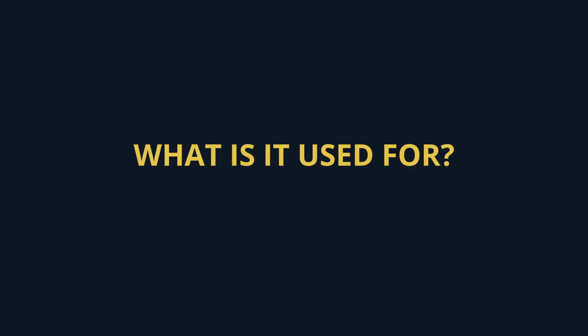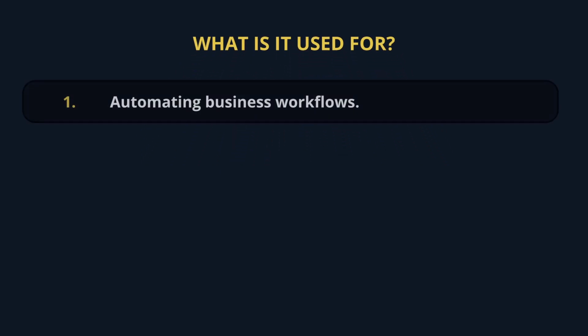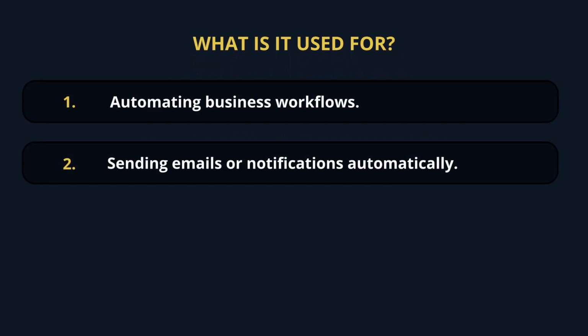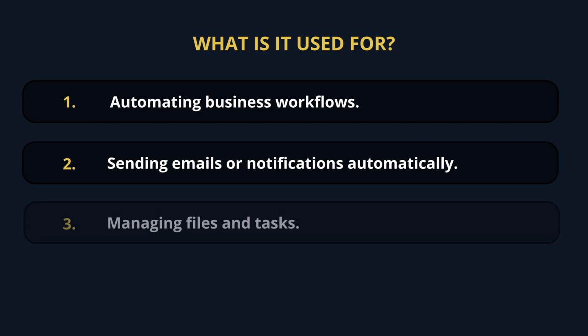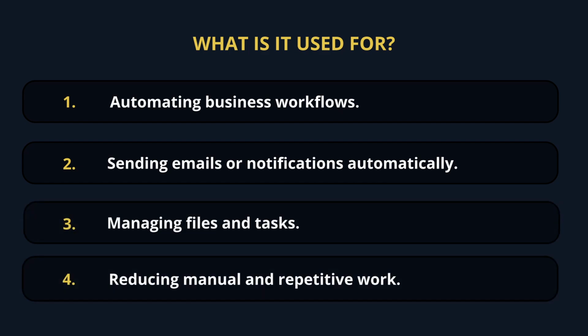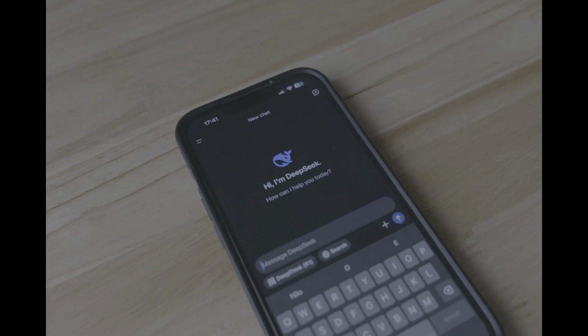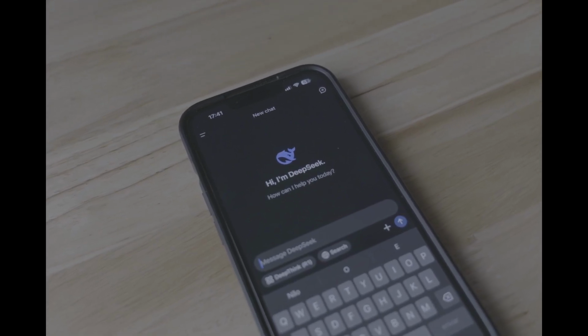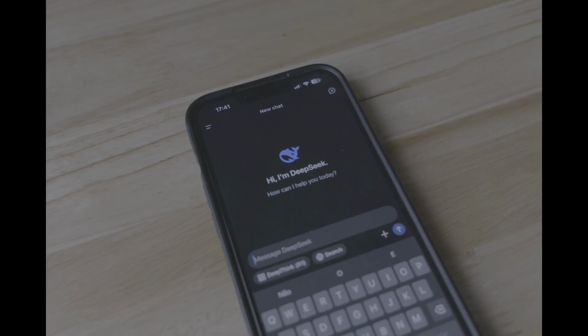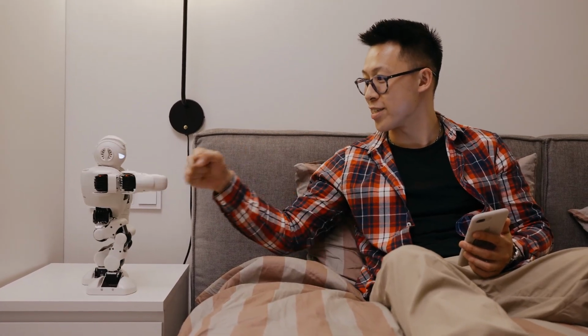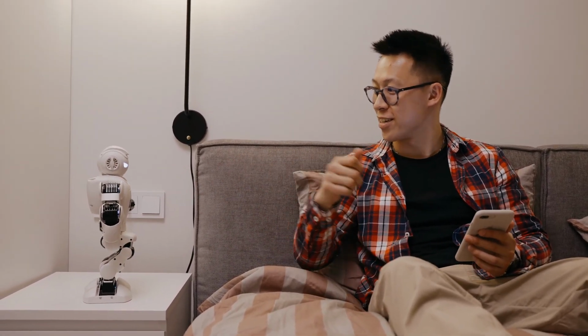These automation tools are used for automating business workflows, sending emails or notifications automatically, managing files and tasks, and reducing manual and repetitive work. In short, automation tools act like a digital assistant that connects apps and handles tasks automatically so you can focus on more important work.